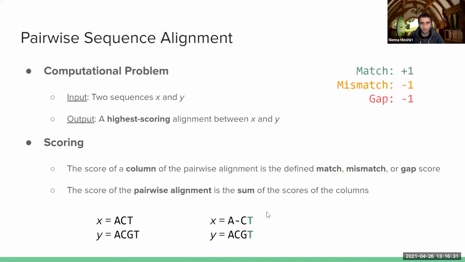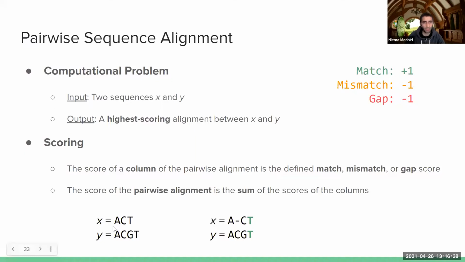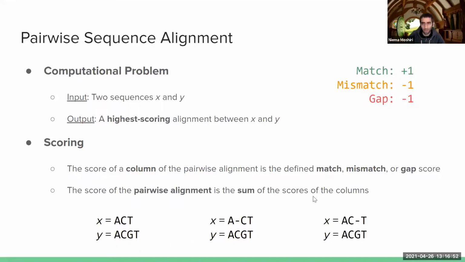Okay, so is this the highest scoring alignment between these two sequences, between X and Y, or can anyone think of something that's better? Here I have an alignment that has a score of 0. Yeah, so someone mentioned in the chat AC-T. So what if I put the dash after the C instead of before the C? Let's take a look.